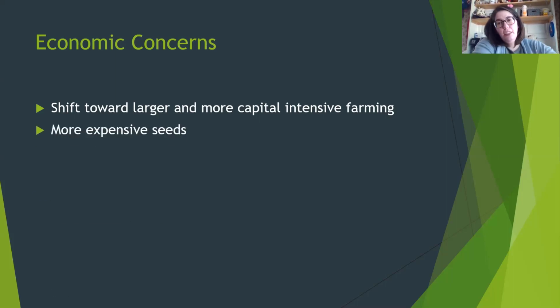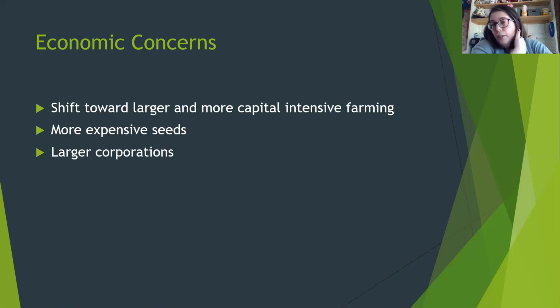The seeds for these GMOs are super expensive, and the smaller farmer just cannot afford it. And larger corporations, again, we're seeing it all the time. I know we're talking about plant science right now, but larger corporations are taking out the smaller farmer in the way of, look at Walmart.